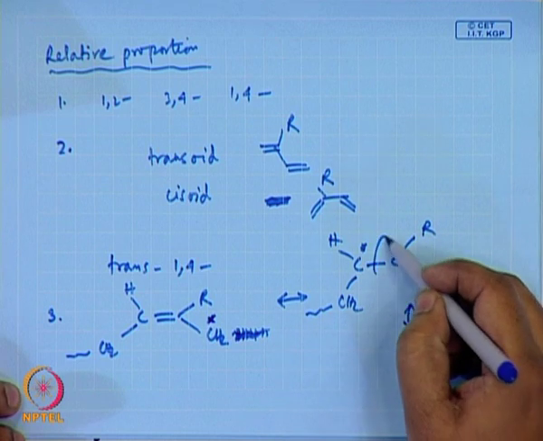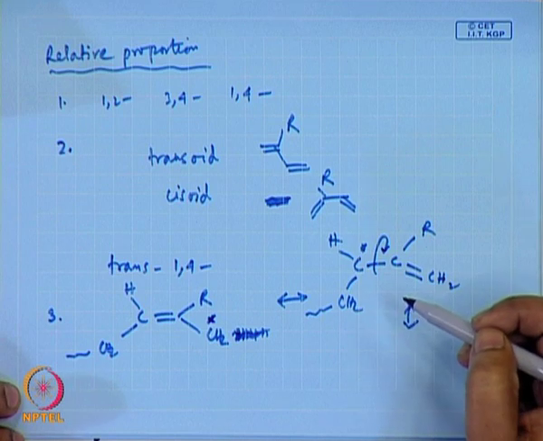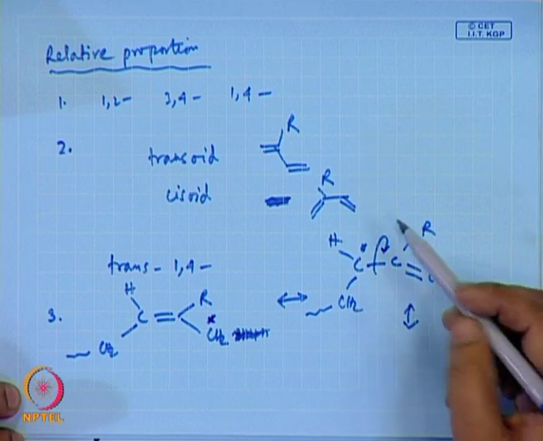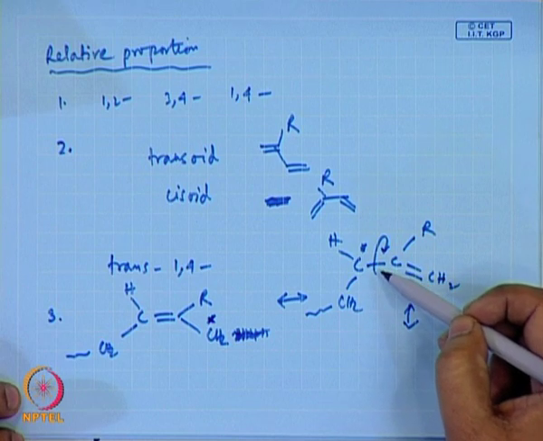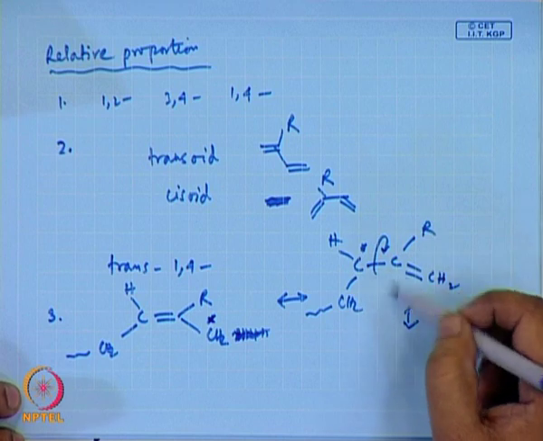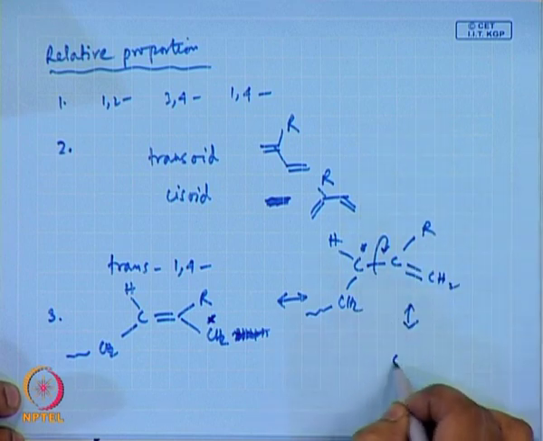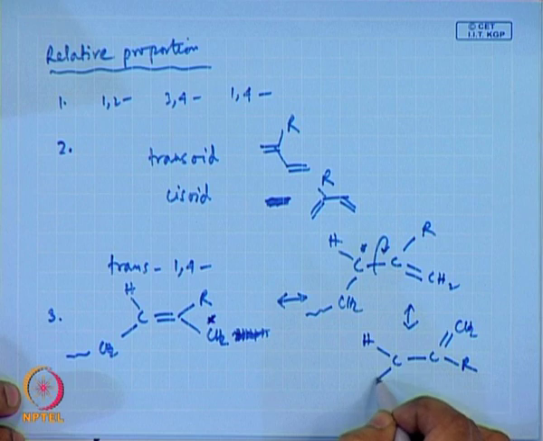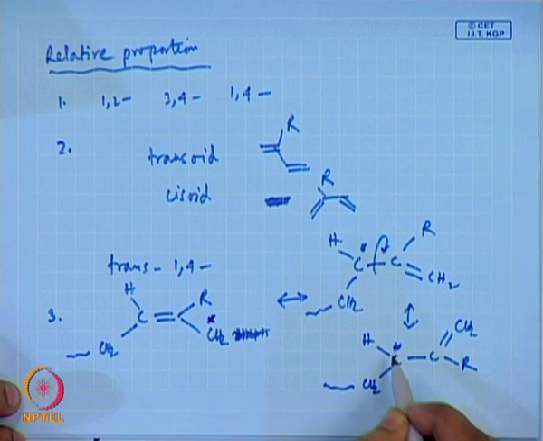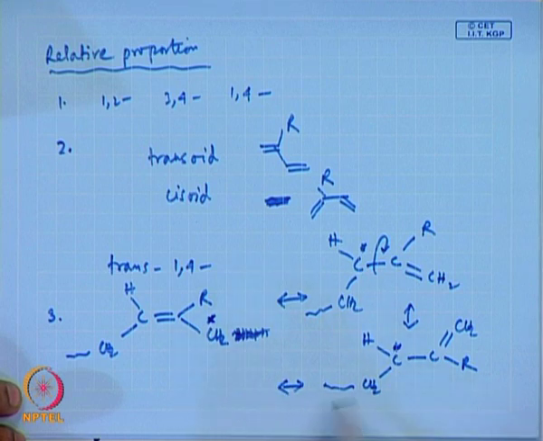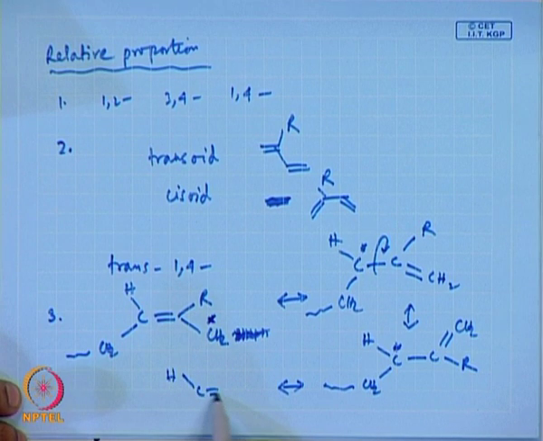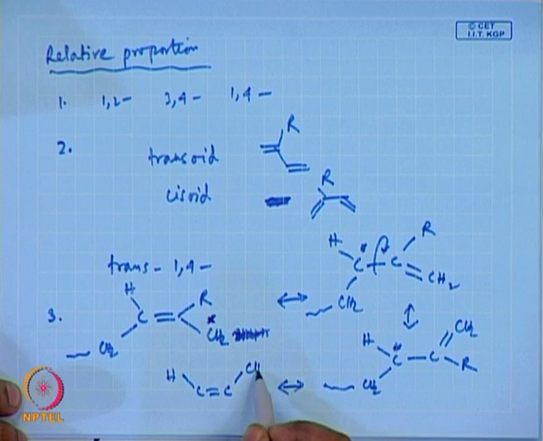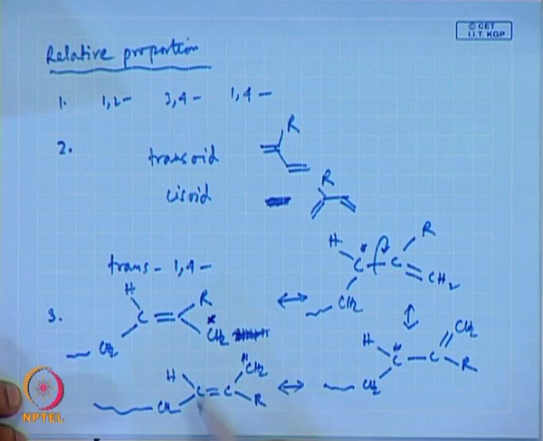Now, this single bond can be easily rotated. We can rotate this around this single bond, and now when this is in resonance, it will form this chain end.